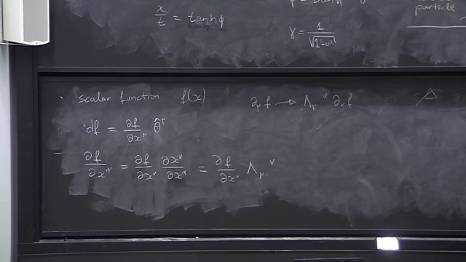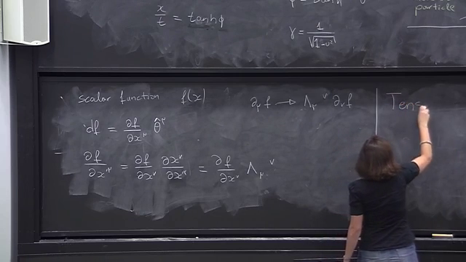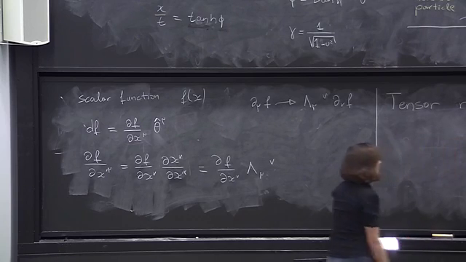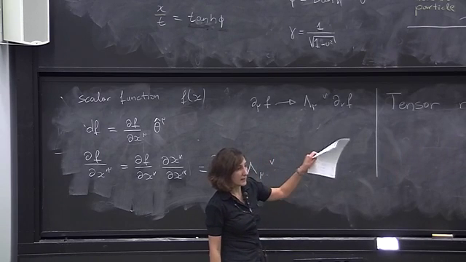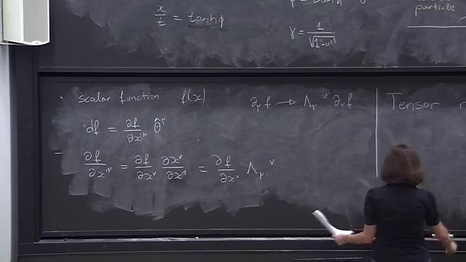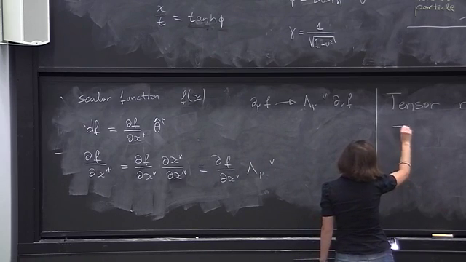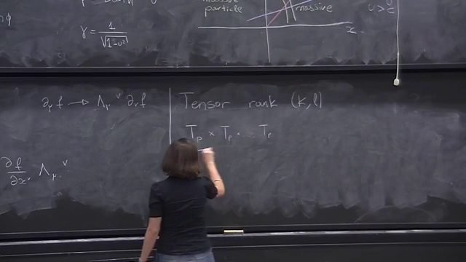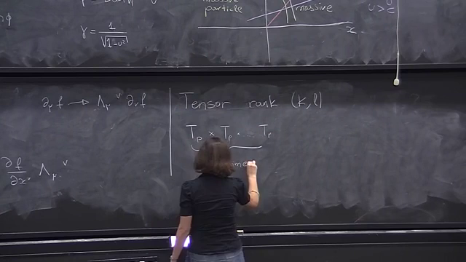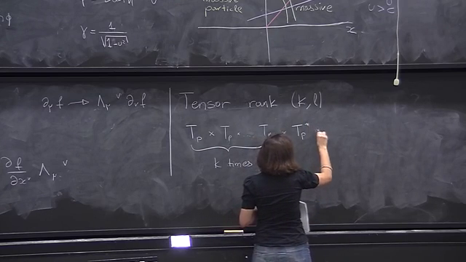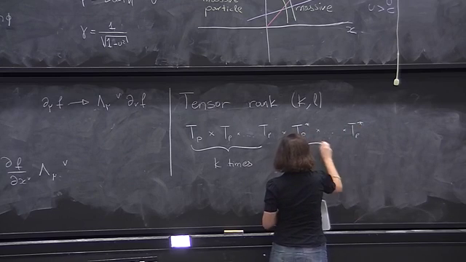And we can define tensors of rank, say, K L. So a tensor of rank K L will be an object belonging to the vector space which is the product of the tangent space K times the dual tangent space L times.